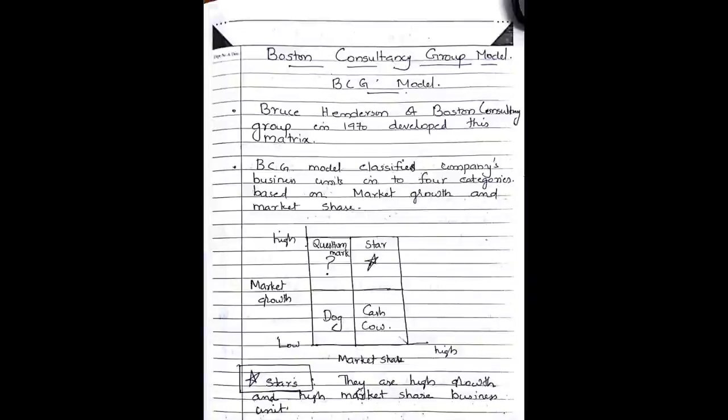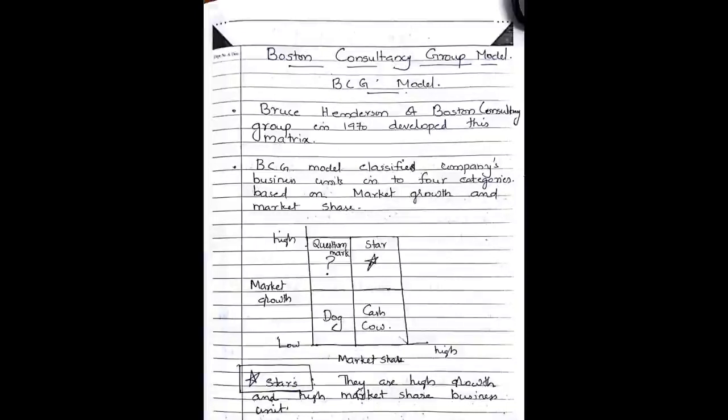So the demand for that product is very high. That is why market share is very high, but there is no need for advertisement, and the market growth is very low. That is the cash cow product. The company is getting much profit from that product at that time. That is why we say it is a cash cow product.